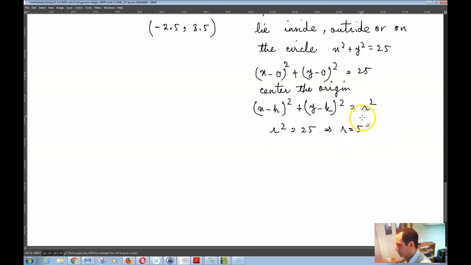So that means that the distance between, for example, let's say this is 1, 2, 3, 4, 5 units, in every direction, and that is basically your circle.